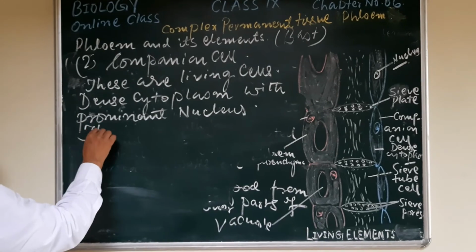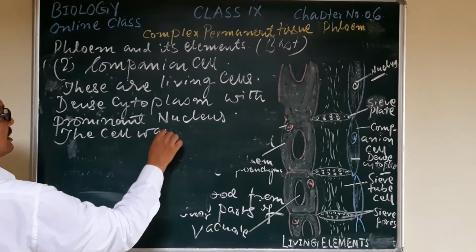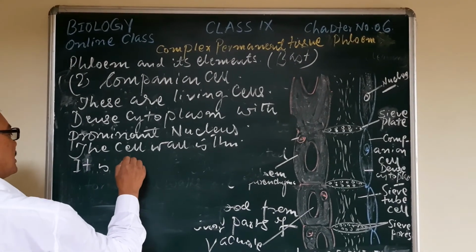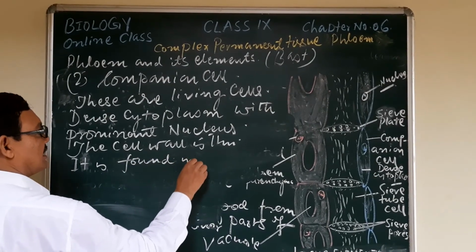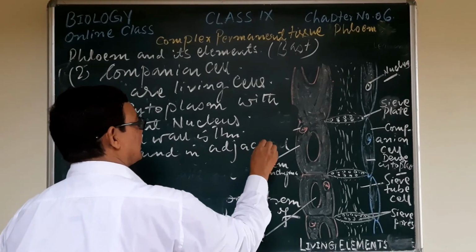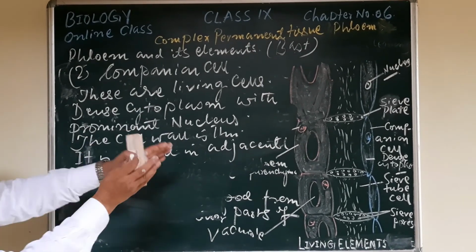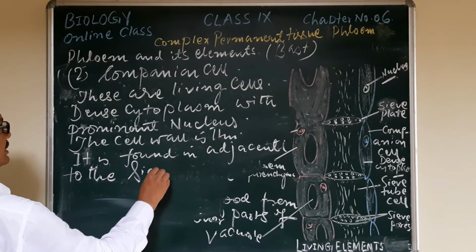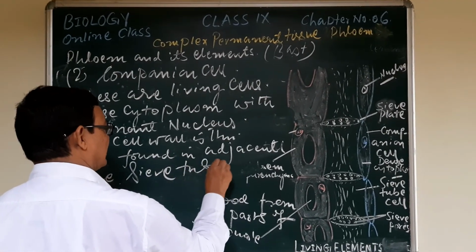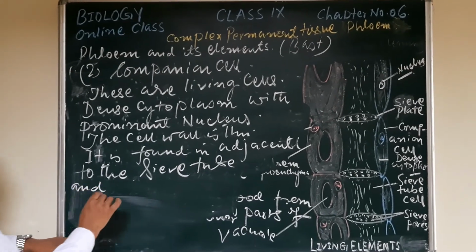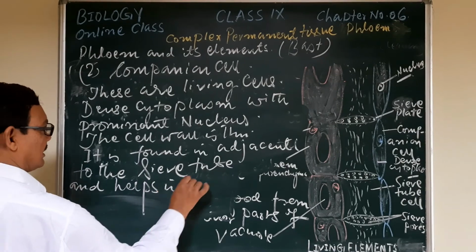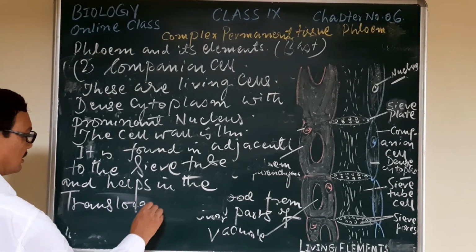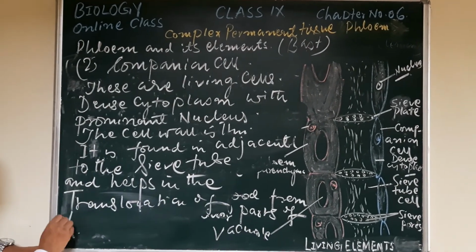The cell wall is thin. It is found adjacent to, or associated with, the sieve tube, and helps in the translocation of food materials.